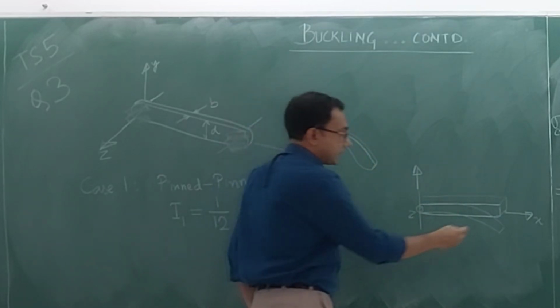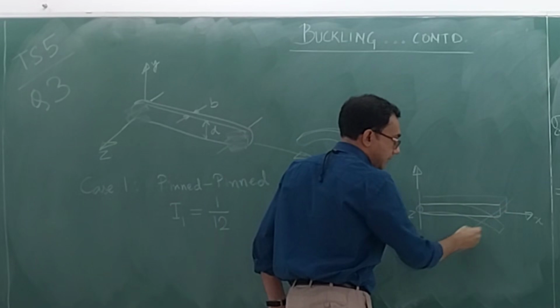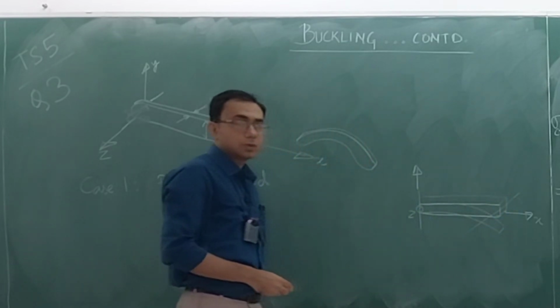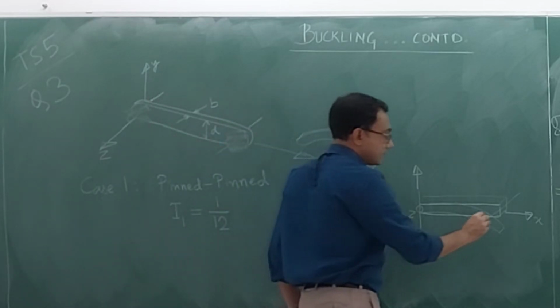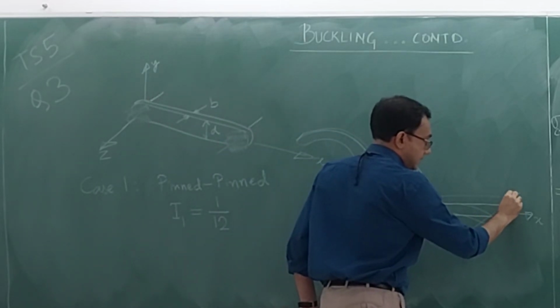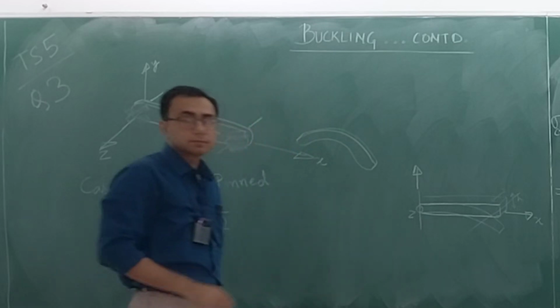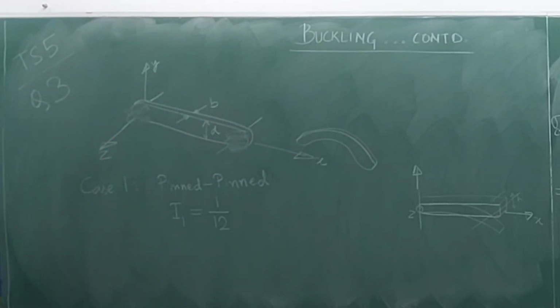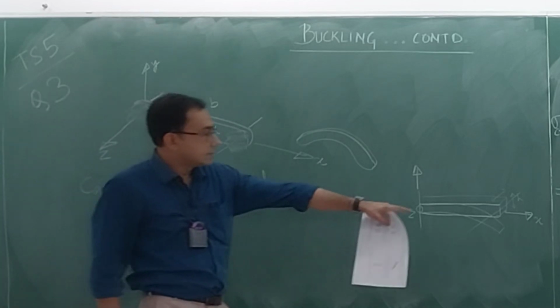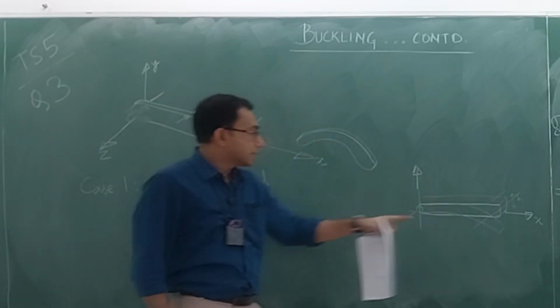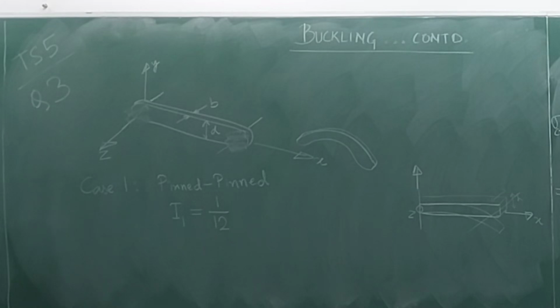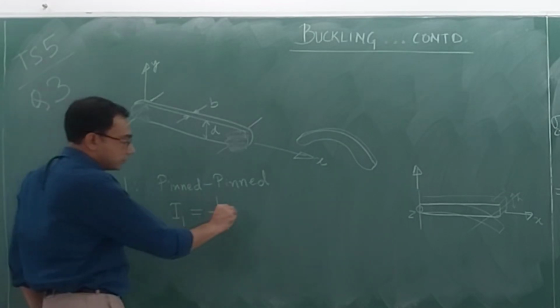The axis about which this is happening is this axis. This is the height, and this is the breadth. Is it not? Then what is the height here? D. So shouldn't it be BD cube?